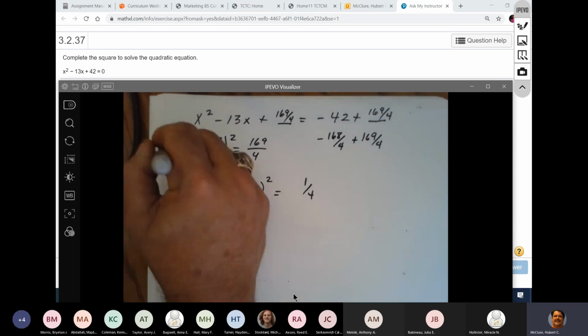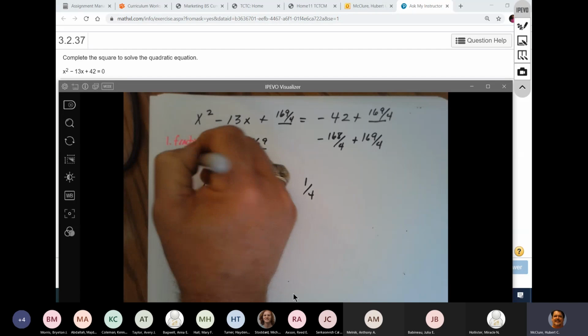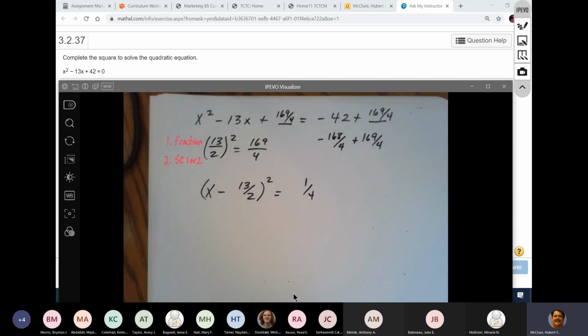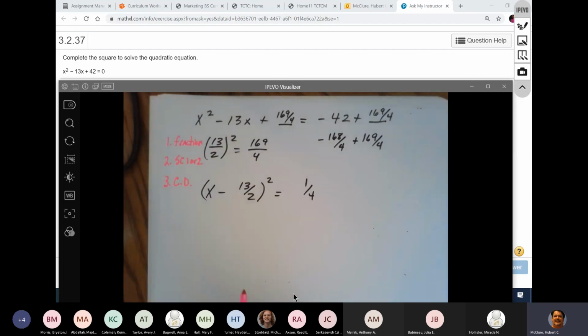The second thing, you got to know your shortcuts. Shortcuts number 1 or 2. Those are things that you learned back in Algebra 1 and 2, and the teacher told you to make sure you learned them. And 3, you need to be able to find a common denominator. Those are the 3 things that you need to be able to do right there.